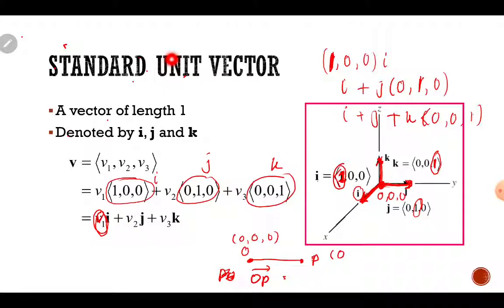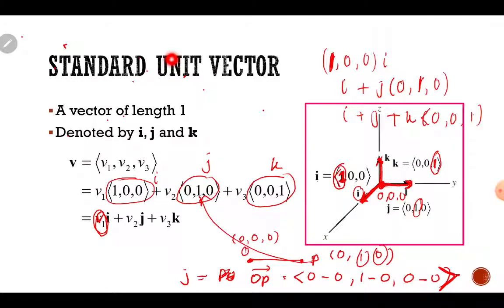This one is 0, 1, 0. So vector OP is 0 minus 0, 1 minus 0, and then 0 minus 0. So that's why we get 0, 1, 0, which is represented by unit vector J. Okay, unit vector J. Alright.